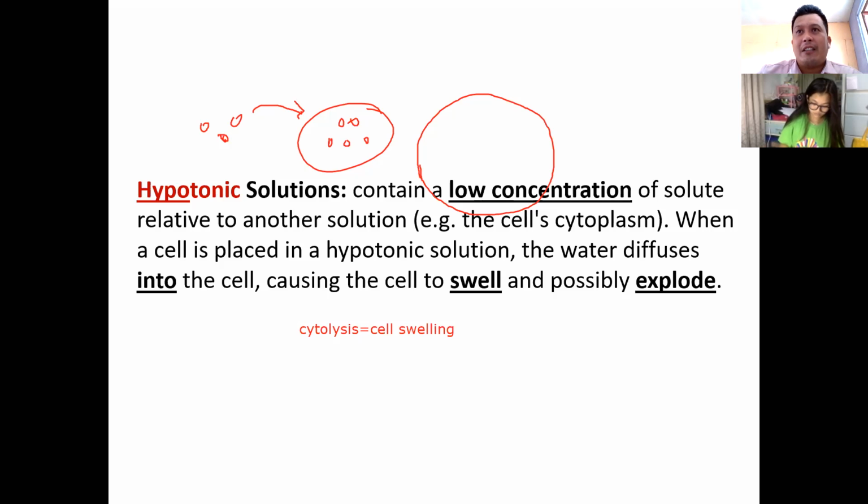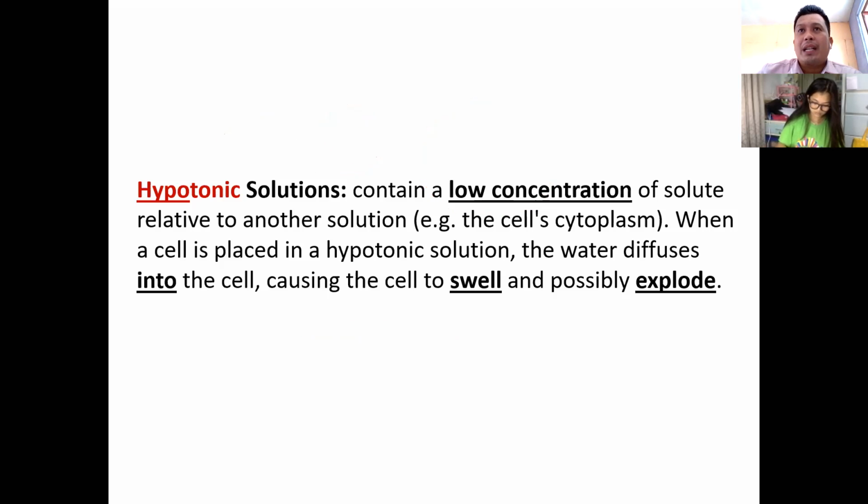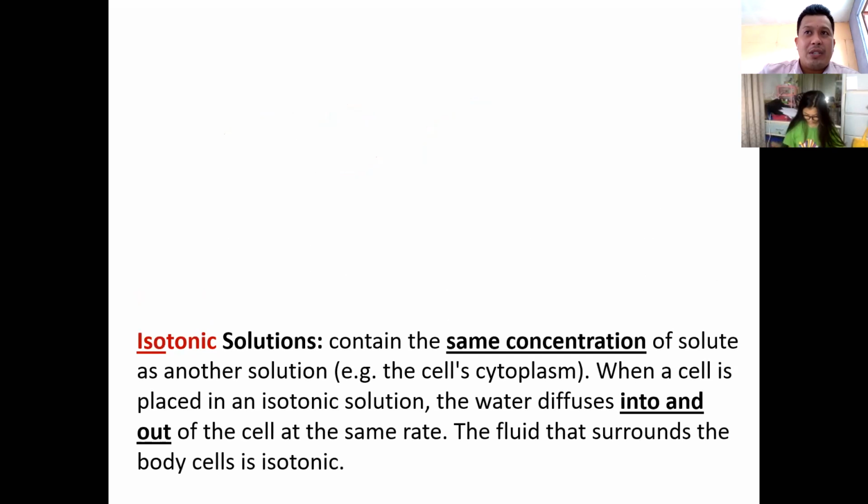It is cytolysis. However, class, if there is an equal number of solute in the outside and in the inside, then we call it isotonic solution. There is an equal concentration gradient of the interstitial fluid and in the cytosol or the cytoplasmic fluid.